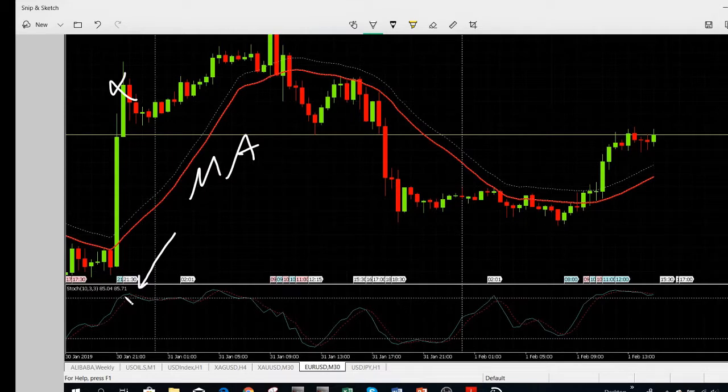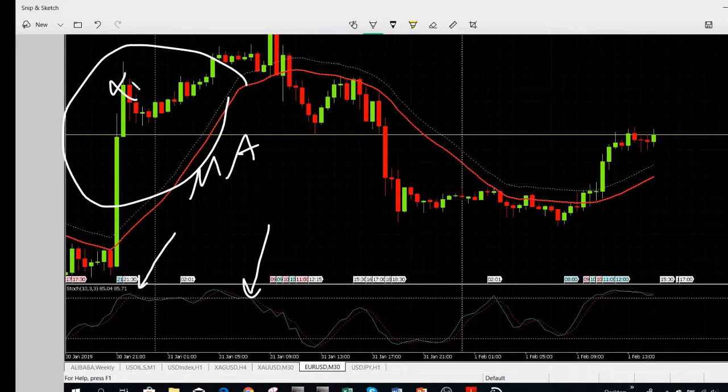Wait until both of them confirm each other. Here, stochastic again tells you still sell, and you can see the trend has changed. When the trend has changed, that's the nice time to go for the sell. So here you shouldn't enter as a sell, none of them. It could be so risky, and you could even lose all your account.